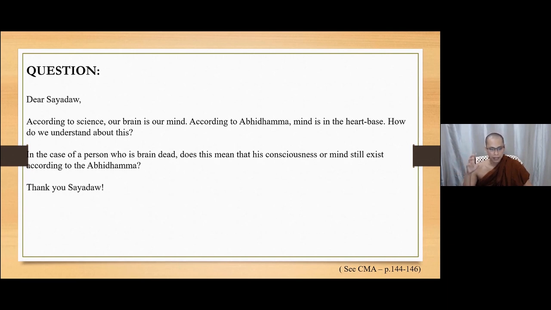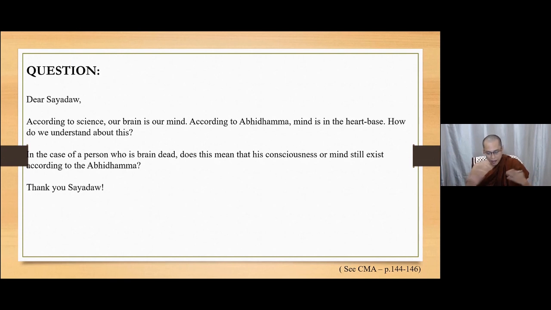They can only identify the brain and cannot identify the heartbeat. That is why the Abhidhamma is a profound teaching. There must be something missing for the scientists, either not knowing or not having enough tools for that research. We can understand it in this way.